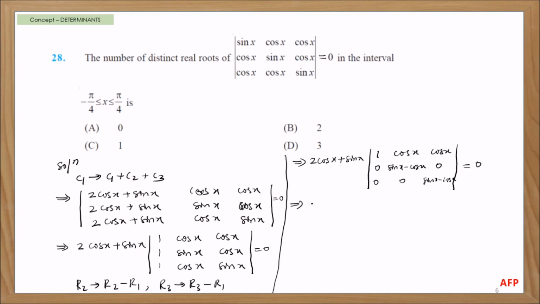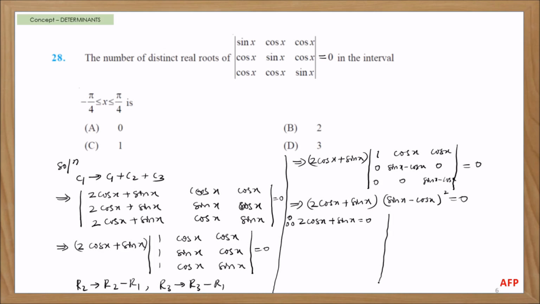So when you go for expansion, what are you getting? Okay, you are getting 1 as it is, you are getting sin x minus cos x whole square is equal to 0. Okay, so therefore you can write 2 cos x plus sin x is equal to 0.